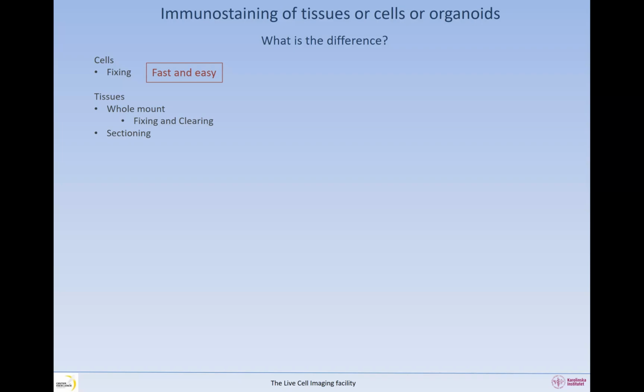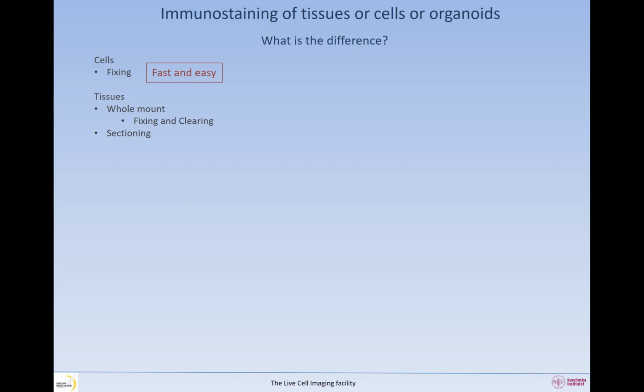And the chemical process that makes the sample transparent is called clearing. Now, the success of light sheet microscopy has led to an explosion of different clearing protocols for different tissues and different fluorophores. So basically, all you need to do is to find the clearing protocol that works for you.